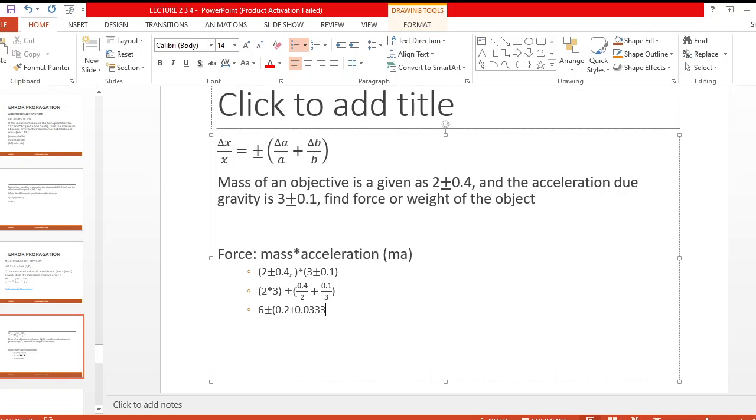If you add this value to 0.2, you get 0.233. So the answer now becomes 6 plus or minus 0.233 as the error in the measured value. So whether you are doing multiplication or division, this is the process.